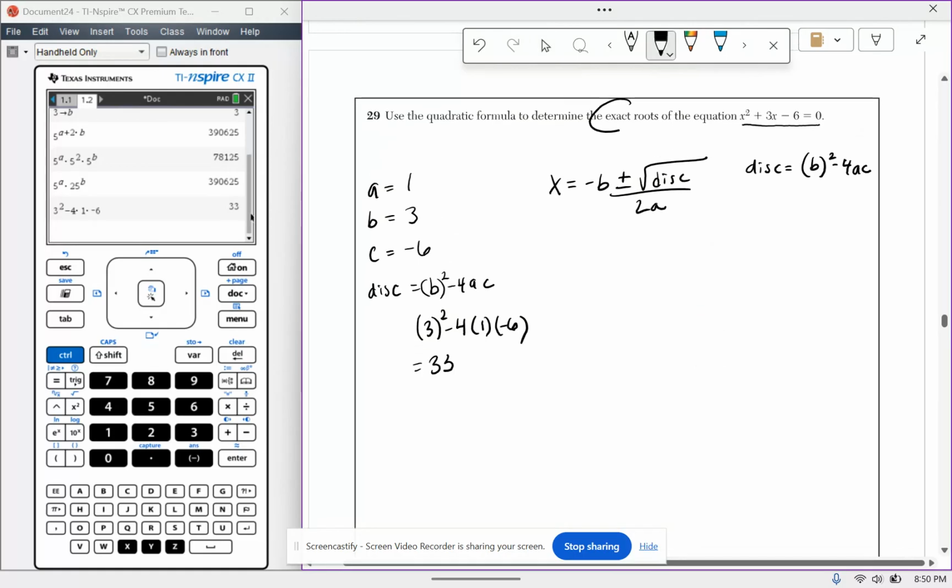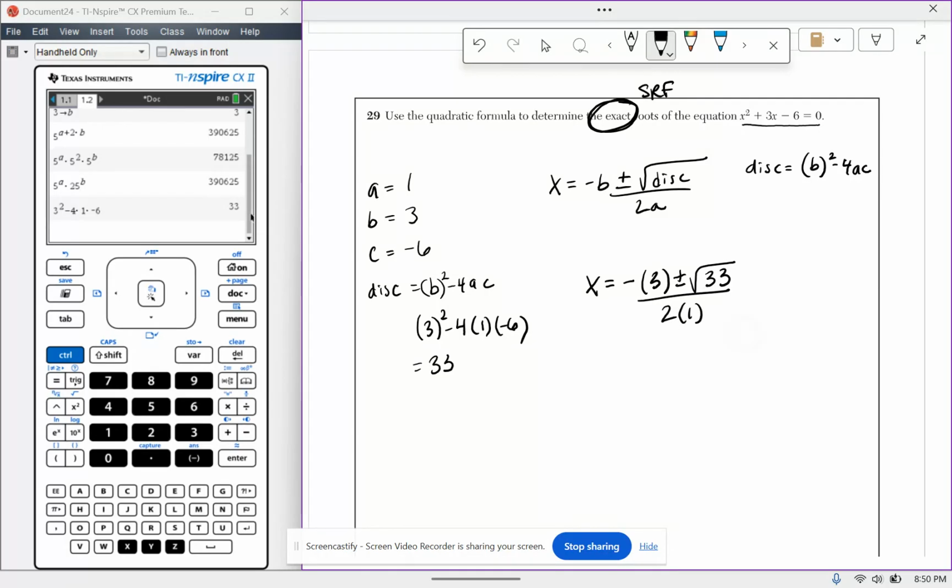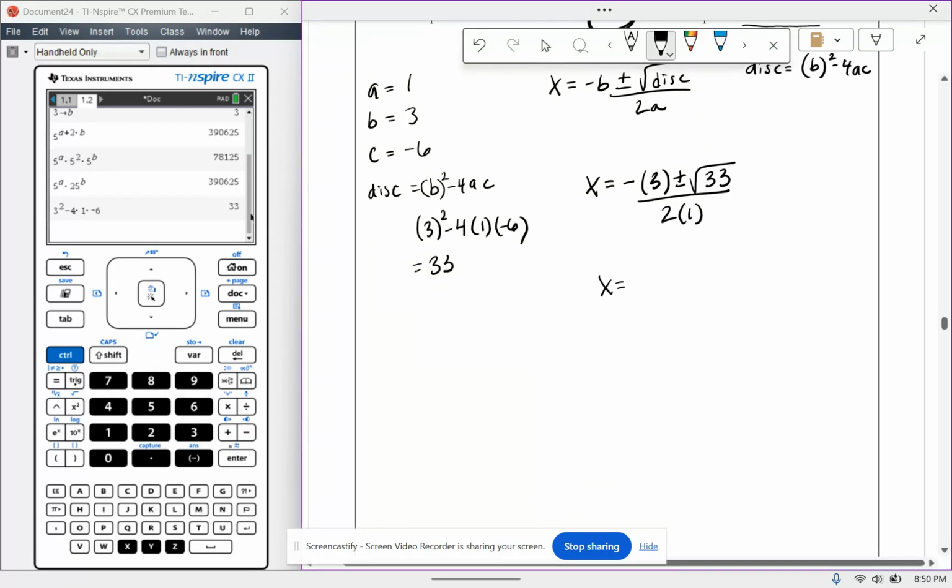And exact means I'm going to have my answer in simplest radical form. X is equal to, B is 3, but there's a negative out front from the formula. The discriminant is 33, and then A is 1. So X is equal to -3 plus or minus the square root of 33 all over 2.